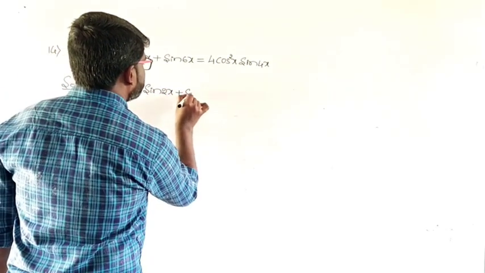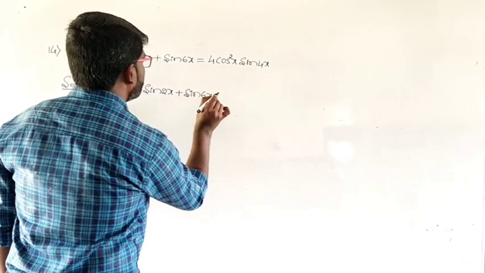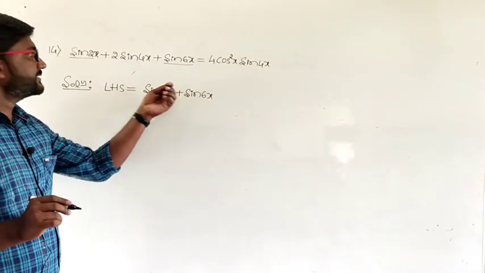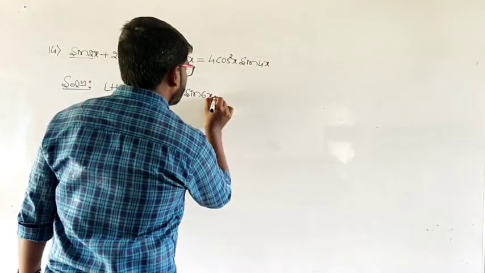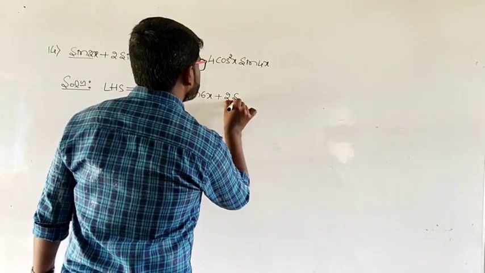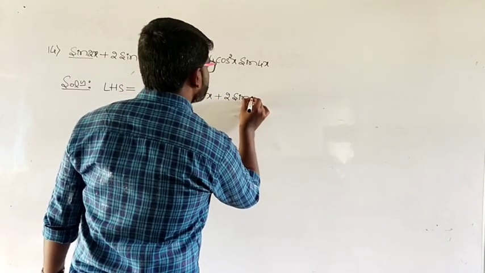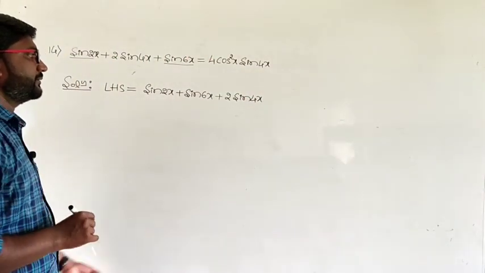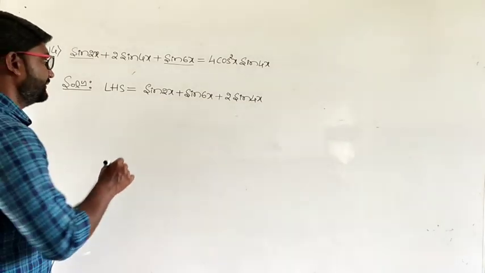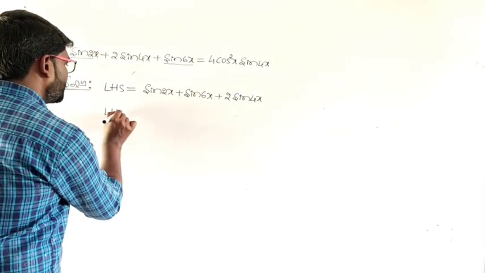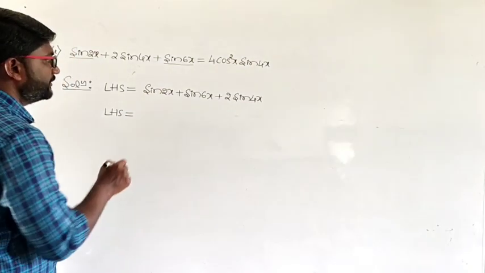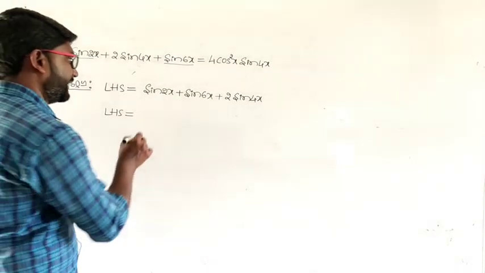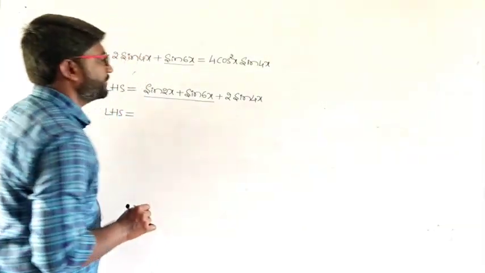plus sin 6x. So I am writing these two in the beginning, sin 2x and sin 6x. Then at the end I will write this term, plus 2 sin 4x. So now let us apply the formula here. LHS equals, so it is in the form of sin x plus sin y. For these two we have to apply the standard formula.